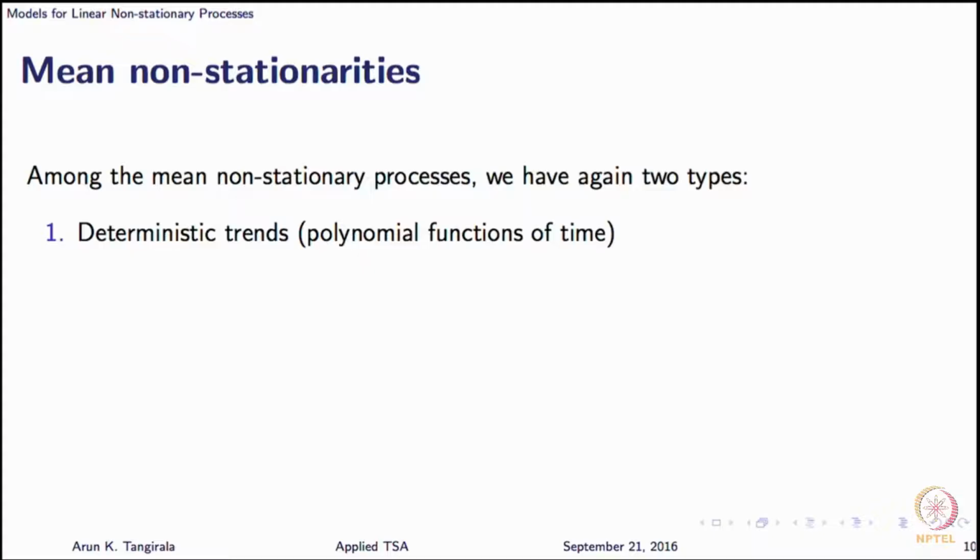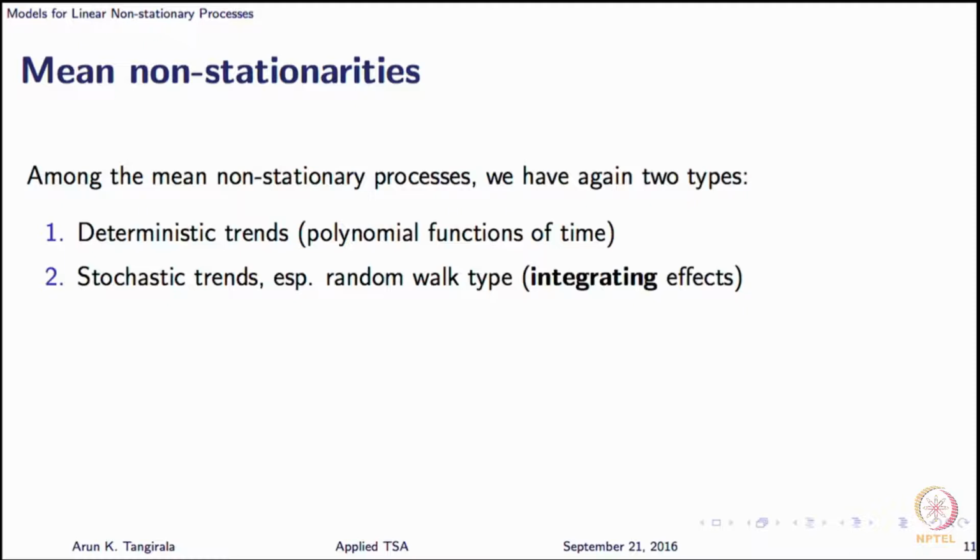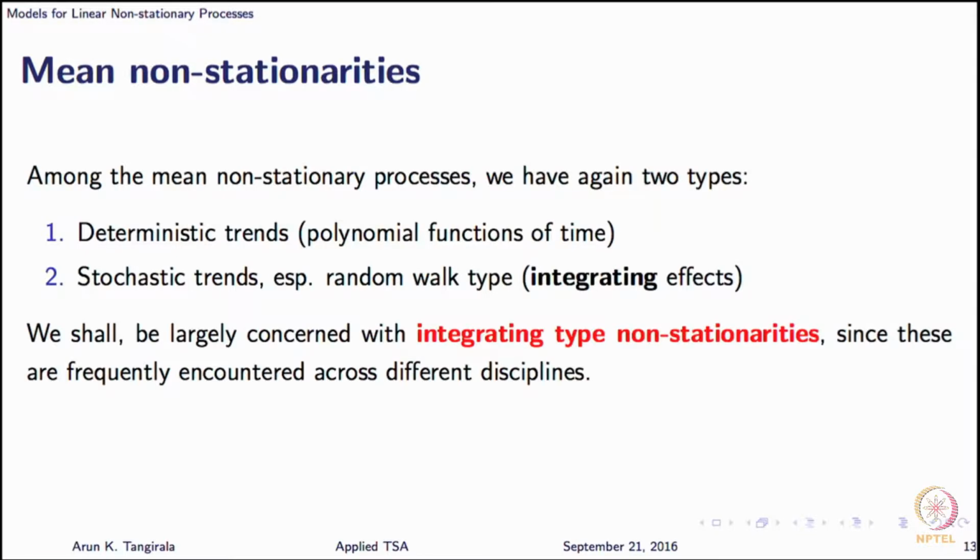When you look at deterministic trends, typically you are looking at polynomial functions of time, whereas when you are looking at stochastic trends, you are looking at typically a random walk type of effect, and we have talked about this before. Now, what we shall do is primarily focus on integrating type effects, but I will also talk about how to get rid of trends.